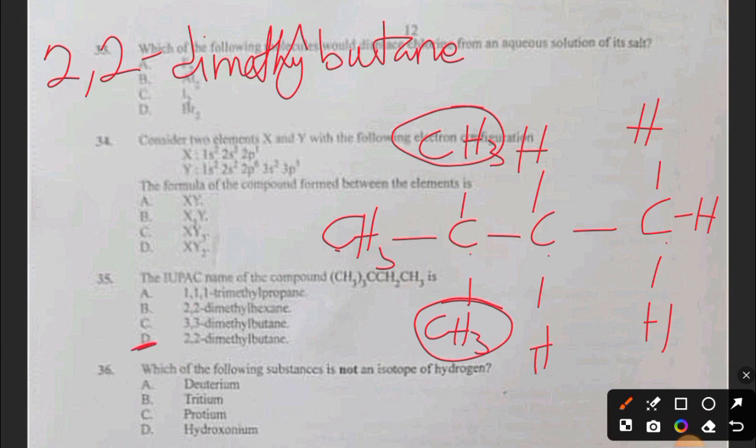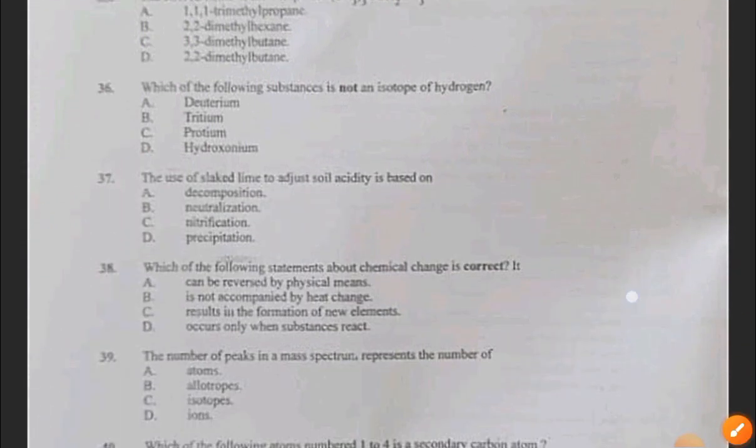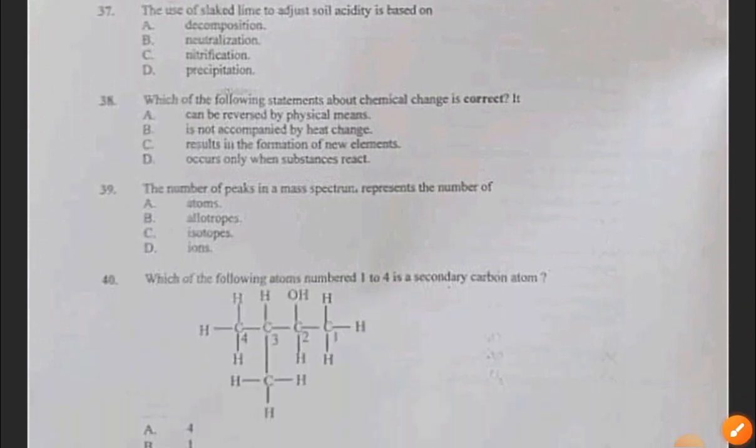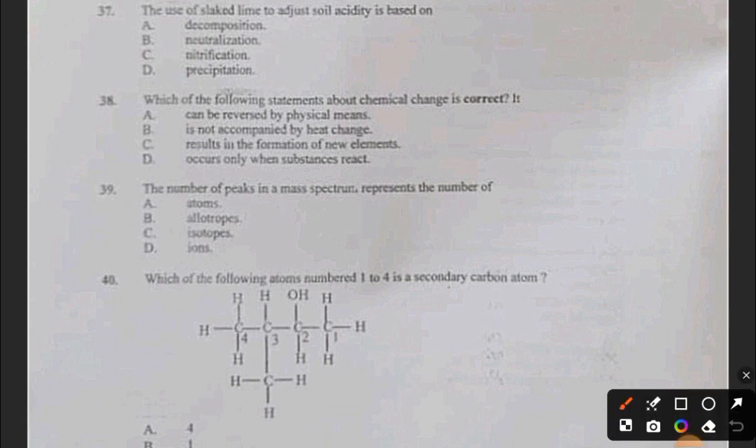36. Which of the following substances is not an isotope of hydrogen? 36 is D, hydroxonium. 37. The use of slaked lime to adjust soil acidity is based on neutralization reactions. So 37 is B. 38. Which of the following statements about chemical change is correct?